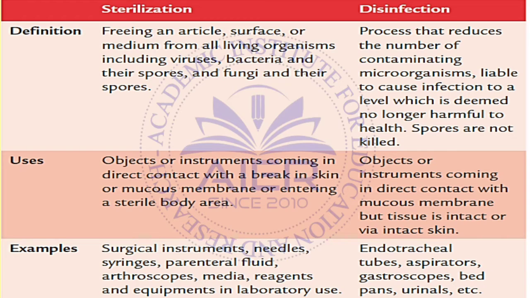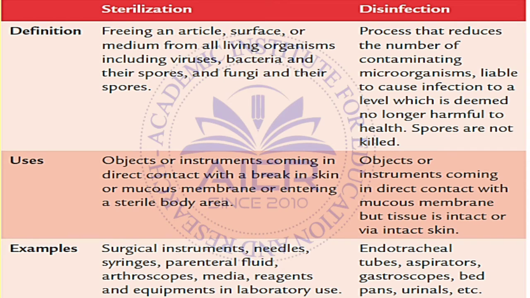Sterilization is used for objects or instruments coming in direct contact with a break in skin or mucous membrane or entering a sterile body area. Disinfection can be used upon objects or instruments coming in direct contact with mucous membrane, but tissues intact, or via intact skin. Okay, so over the intact skin you can apply disinfection, but over the ruptured skin, over the injured skin, you have to use a sterilization process.